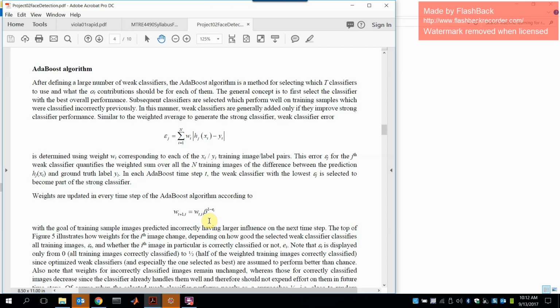And any image that's correctly classified, its weight should come down, so that the next time we apply this equation, the weights will emphasize the ones that are wrong. So the next time I choose a classifier, it's going to be chosen for getting right the ones that were gotten wrong by the last guy.